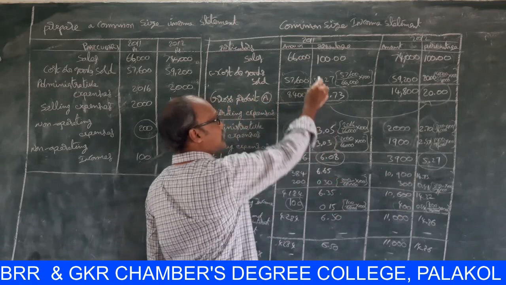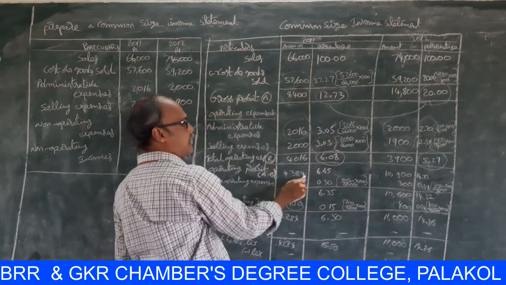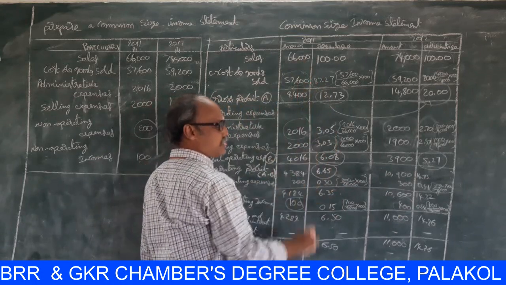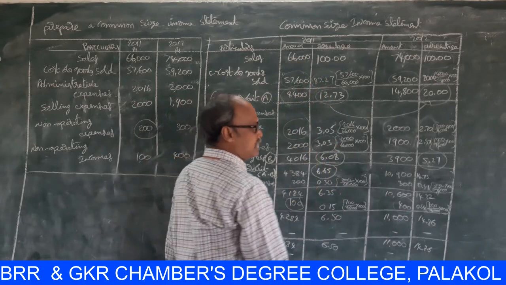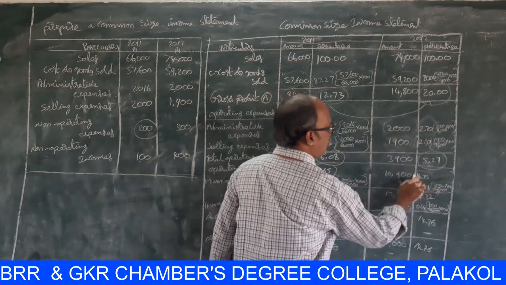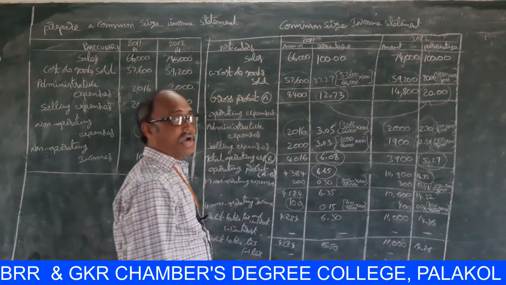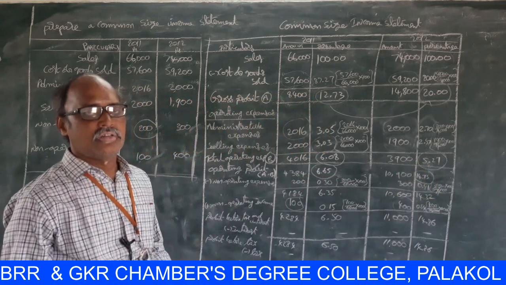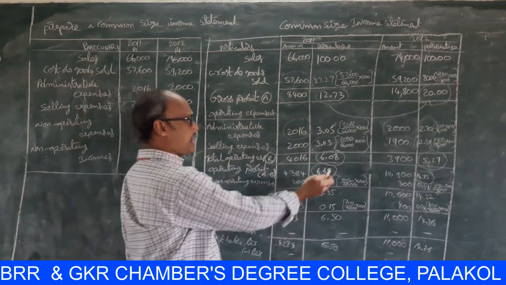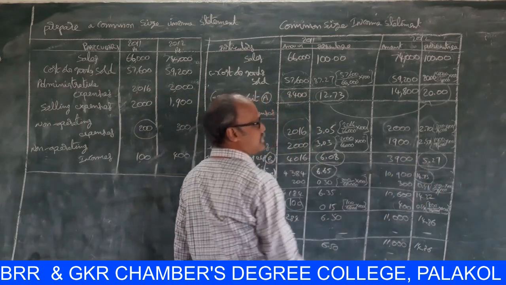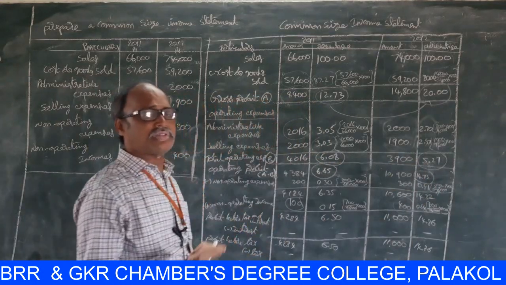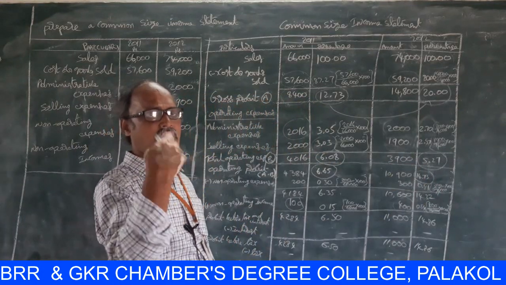In the year 2011, the operating profit is 6.65 here. But in the year 2012, the operating profit is 14.73. Because the operating expenses are decreased here, that means all the expenses are under the control of the organization.